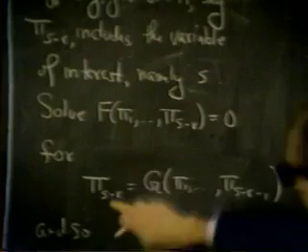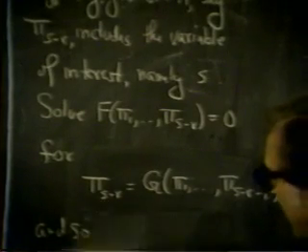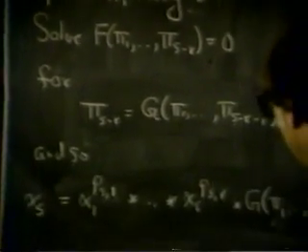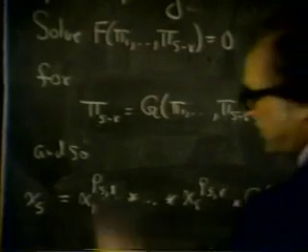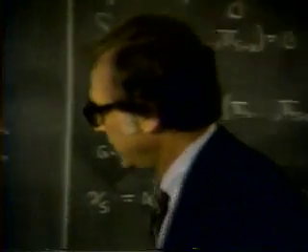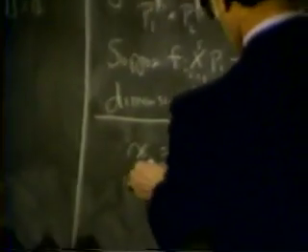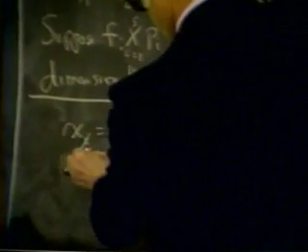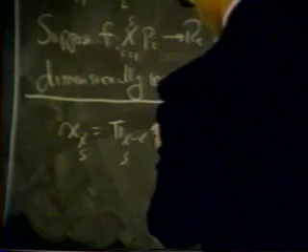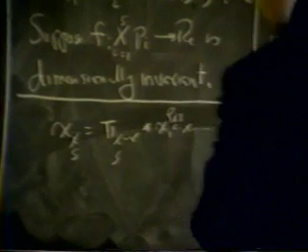And then in turn, I can write x sub S as I indicated over here, if this were x sub S, I'd have the S here and the S here, and S there and there.